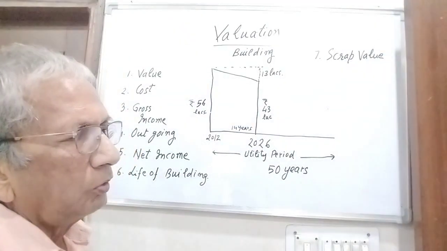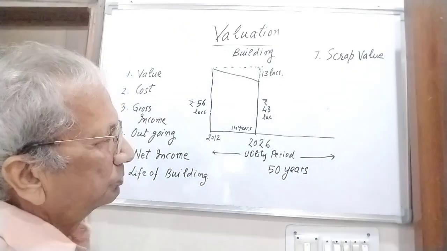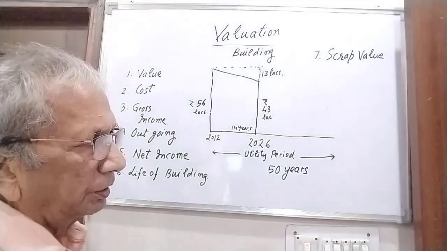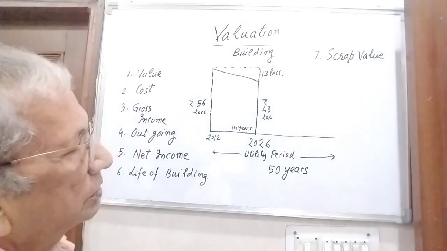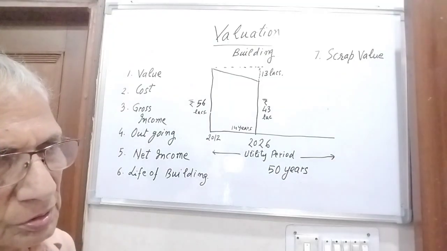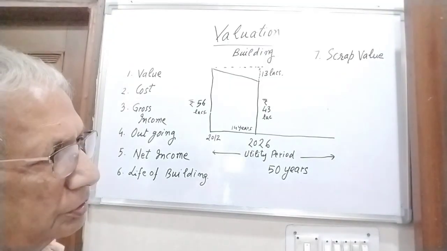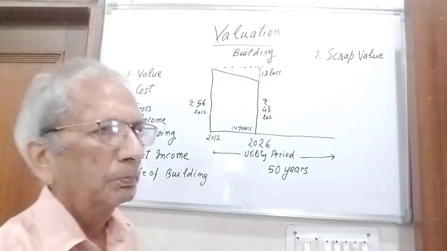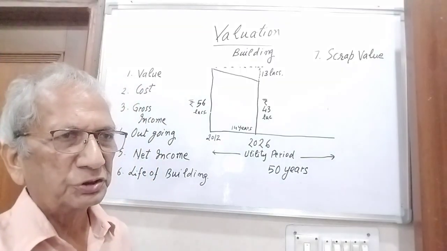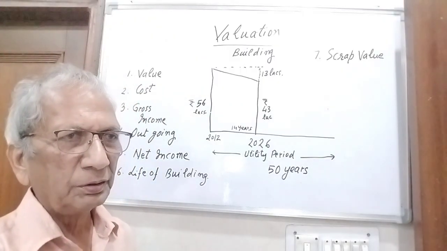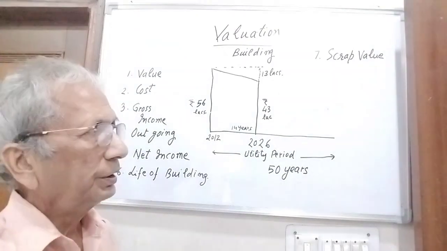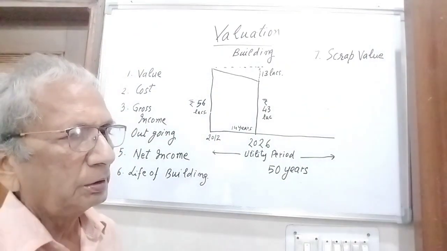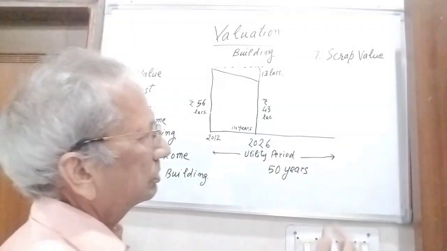Then we will go for dismantling of this building. After dismantling, we will get scrap value of the building. Scrap value means the value of bricks, the value of steel, the value of doors and windows after dismantling, whatever we will get, that is called scrap value.